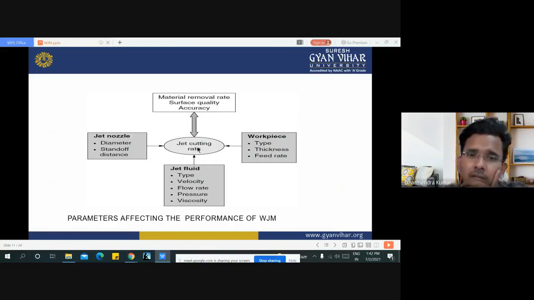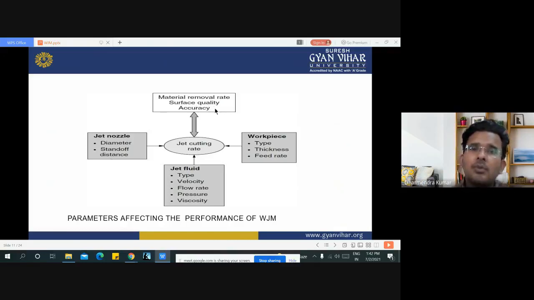Here in the middle we can put the jet cutting rate. If you are talking about jet nozzles, then the jet nozzle diameter and standoff distance influence or affect the jet cutting rate or jet cutting performance.